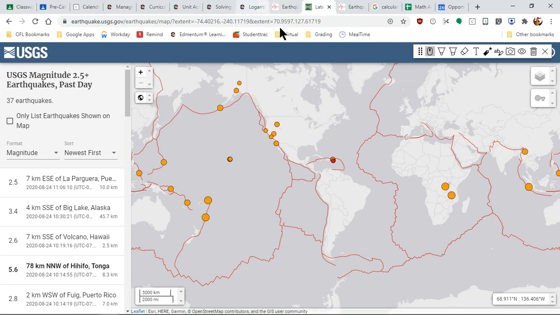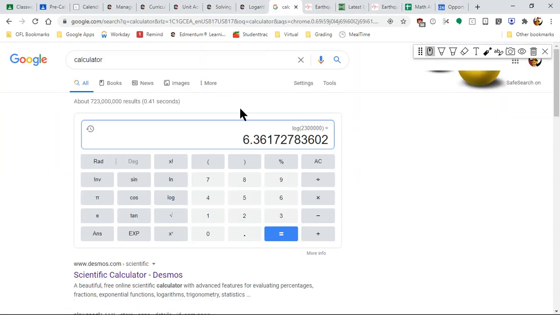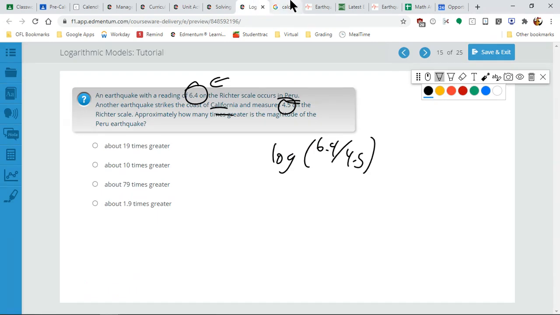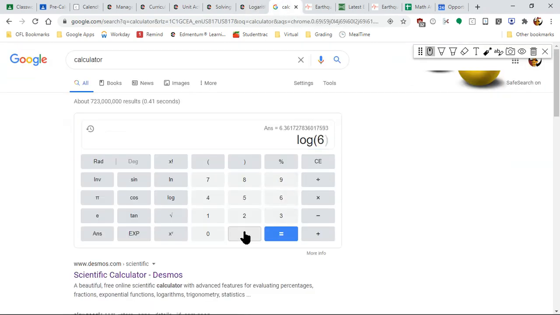So if we do this, where's my Google calculator? There it is. I'm going to clear this out. I'm going to type in log of 6.4 divided by 4.5. It's about 0.15 times greater.